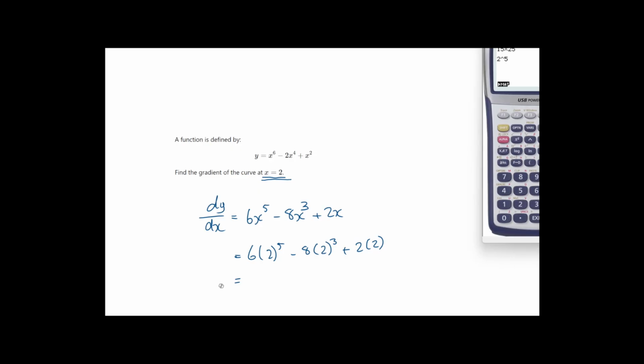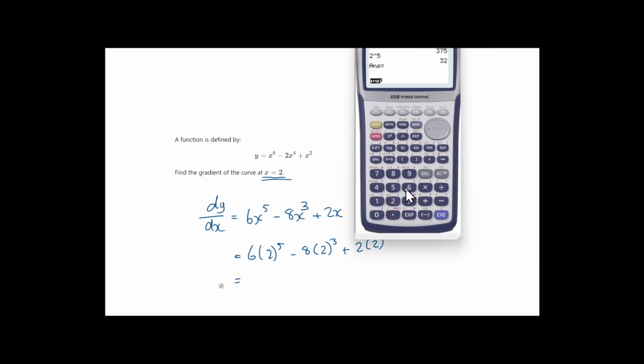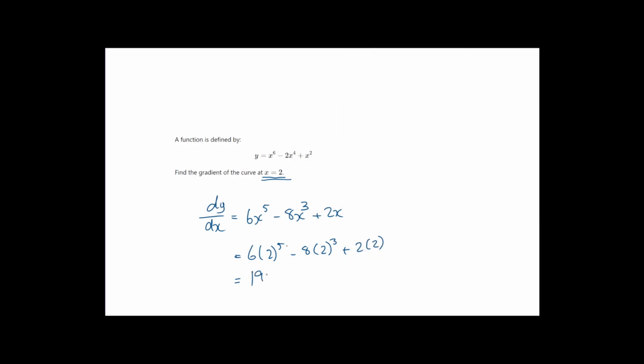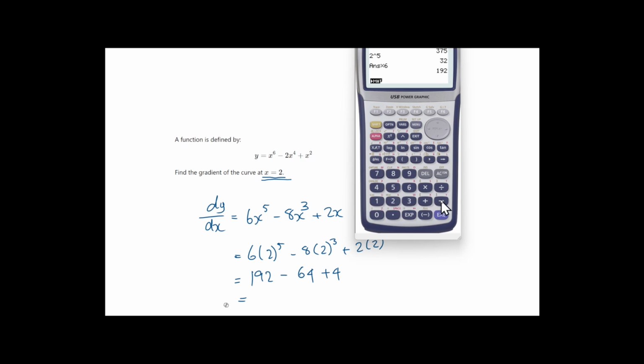So 32 times 6 is 192. And 2 cubed is 8, so 8 times 8 is 64, plus 4, so 192 minus 64 plus 4 equals 132.